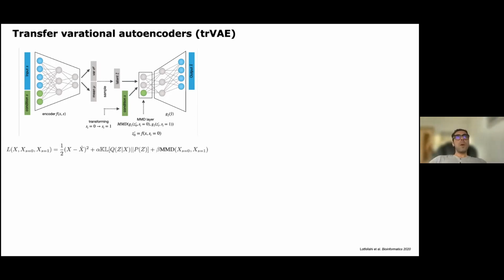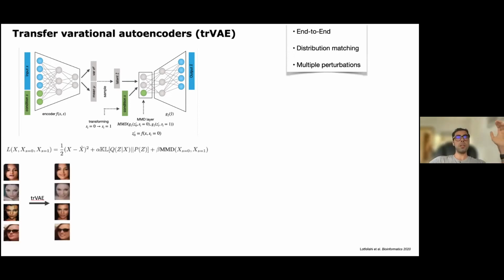We solved this problem by using conditional variational autoencoders, regularized with maximum mean discrepancy as a measure of distributional differences between two distributions, to match the distribution of healthy and perturbed cells. I won't go into details, but we show the algorithm works not just on single cells, but also on images, where you can manipulate a specific aspect of an image, or on digits.